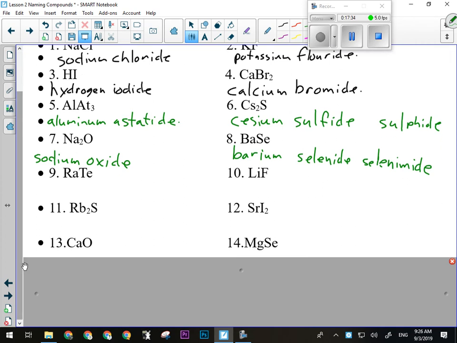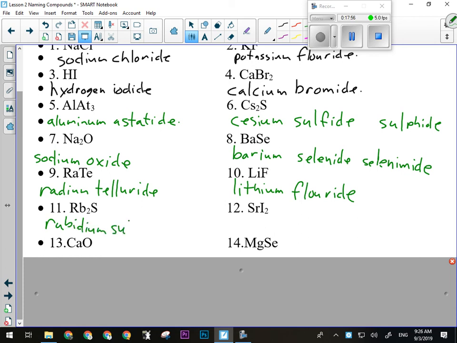Number 9, we've got radium with tellurium, so that'll be radium telluride. This is lithium fluoride. We've got rubidium and sulfur. Strontium and iodine, so that'll be strontium iodide.